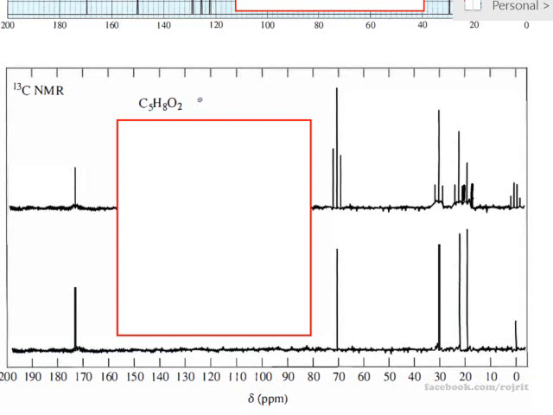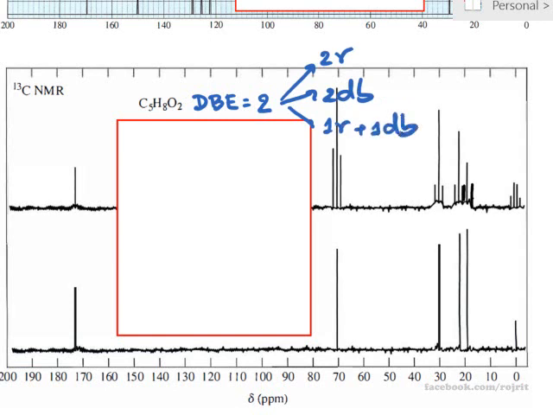Okay, first of all, finding the DBE. The DBE for this molecule is 2. If the DBE equals 2, it can be 2 rings, or 2 double bonds, or 1 ring plus 1 double bond, right? So there are 3 possibilities here.